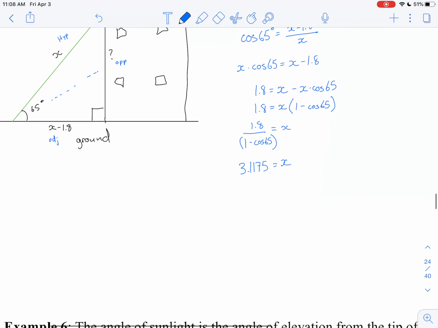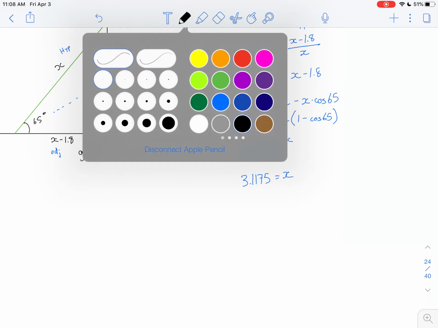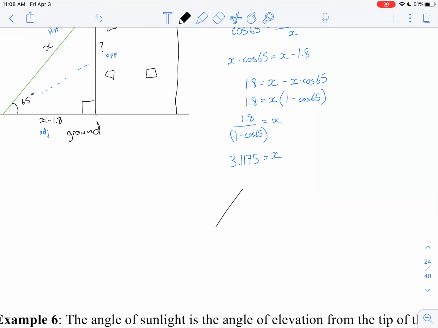So if I wanted to redraw my diagram with a little updated values here, I'm going to have a triangle, something like this. I'm going to simplify it. And we're going to say that x is 3.1175. This is 65 degrees.